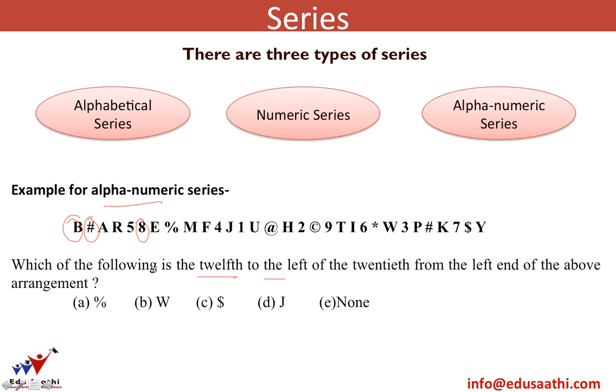So it looks confusing, but what they're asking is, I choose the 20th element from the left here and then again go 12 elements back. So in a way, if I move 20 towards the right and then 12 towards the left, it means I can just find out my answer by moving 8 steps towards the right. So what is the 8th step? 1, 2, 3, 4, 5, 6, 7 and 8. So this would be the answer.